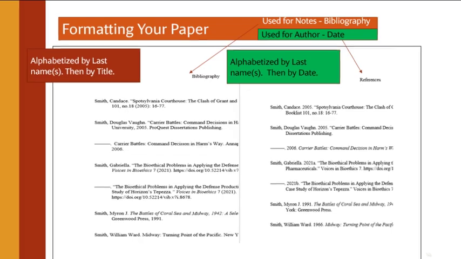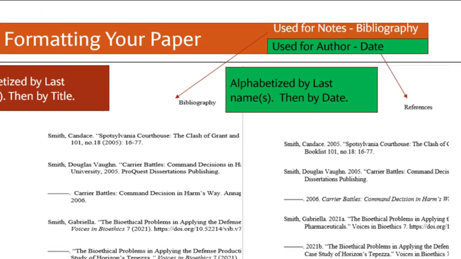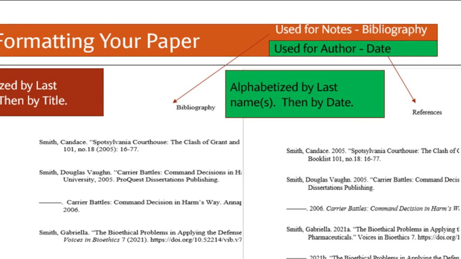In both Notes Bibliography style and author date style, Chicago will abbreviate works on a bibliography or references page that have the same author or set of authors or editors. This is different from other types of abbreviations found in Chicago, such as notes or endnotes that appear on the same page. As shown in the slide, in both Chicago styles, the first entry with duplicate authors or sets of authors or editors is written out in full.